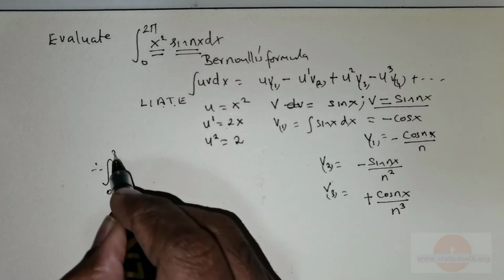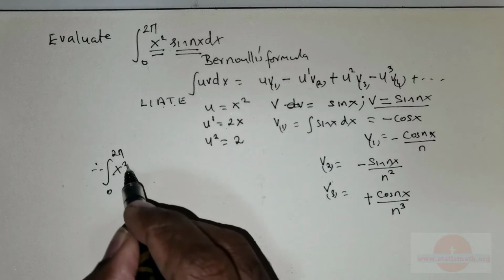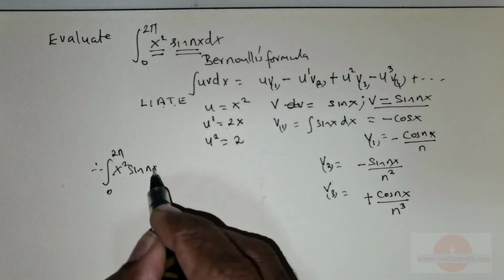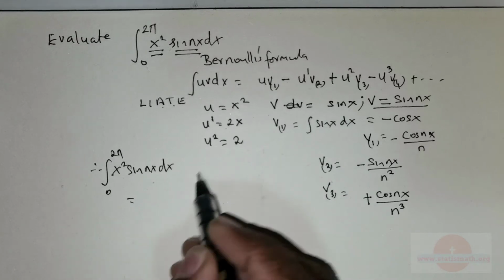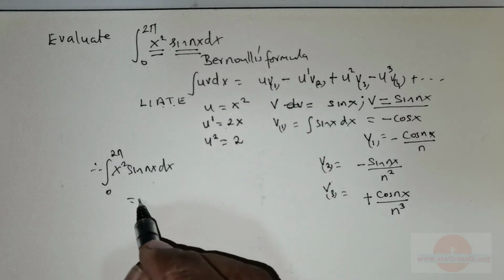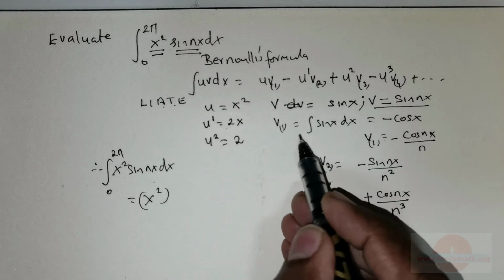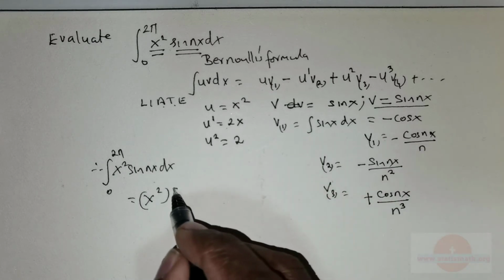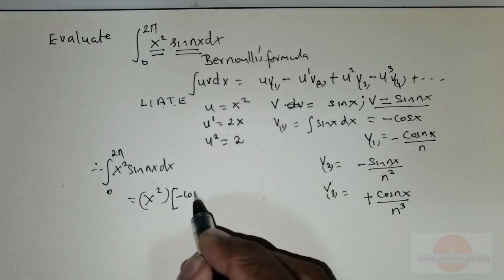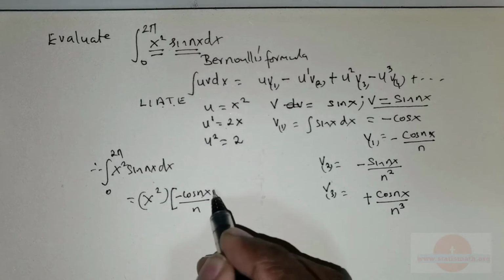So the integral from 0 to 2 pi of x squared times sine nx times dx is now rewritten as u is x squared, and v1 is negative cos nx divided by n.